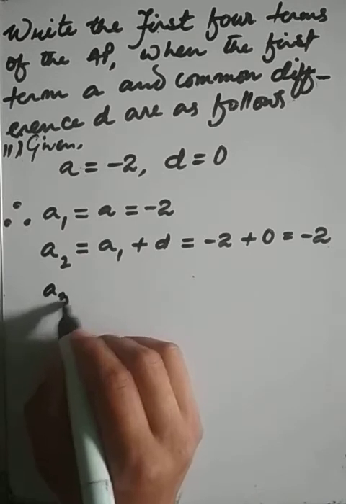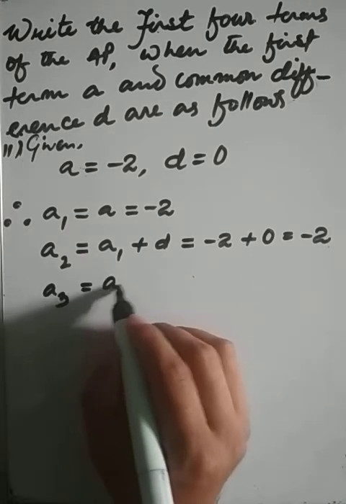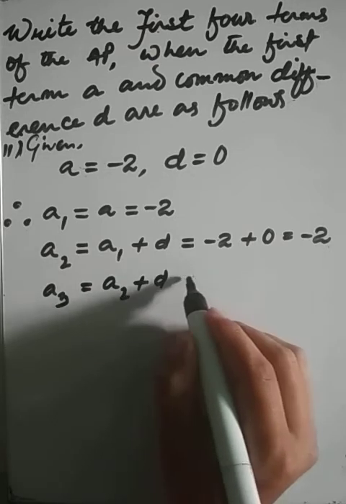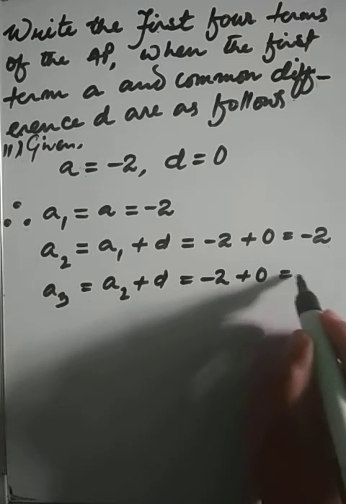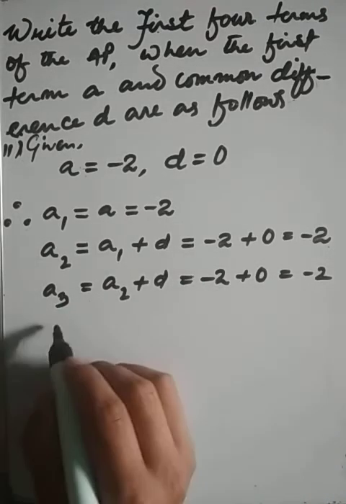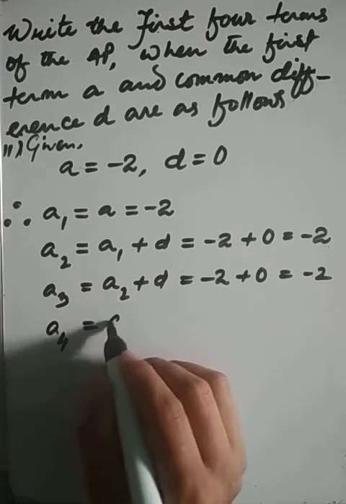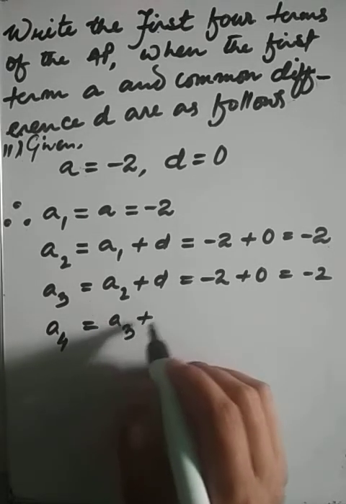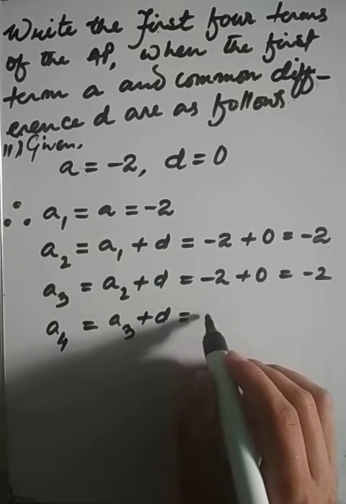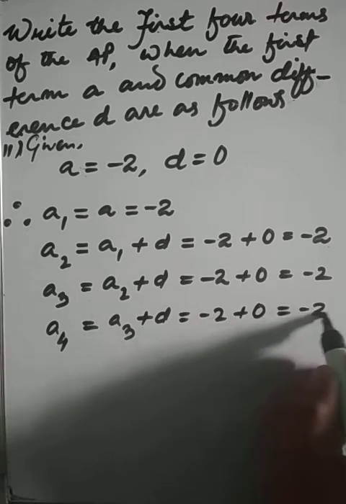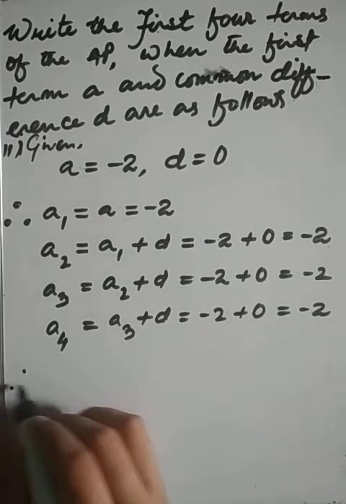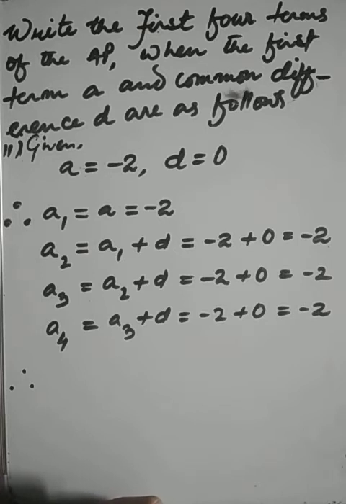Next, a3 equal to a2 plus d. a2 means minus 2. Minus 2 plus 0, we get here minus 2. Next, a4 equal to a3 plus d. a3 is again minus 2 plus 0, we get here minus 2. So therefore the first four terms are minus 2, minus 2, minus 2 and minus 2 respectively.